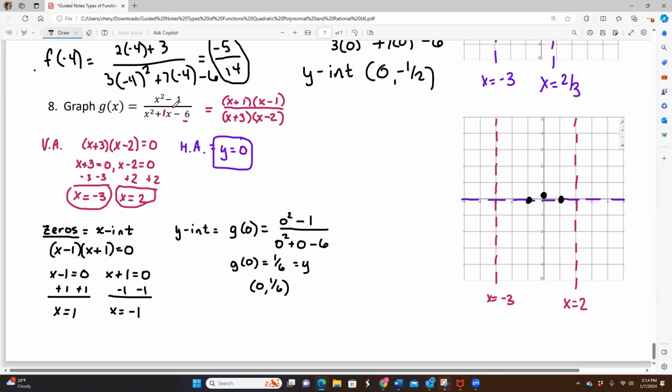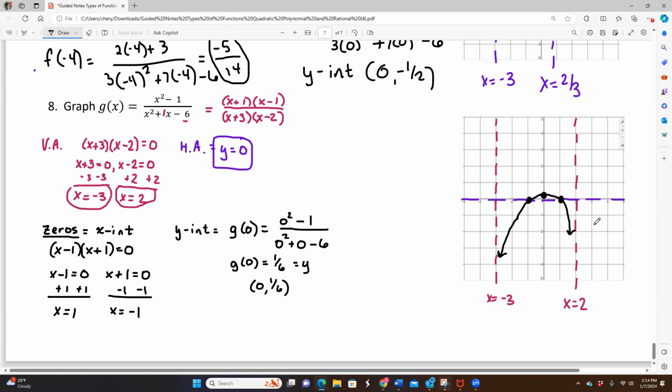So what has to happen is that this looks kind of like a parabola that opens downward. We know that must be the case, but we don't know what's going to happen to the left of negative 3 or to the right of 2.